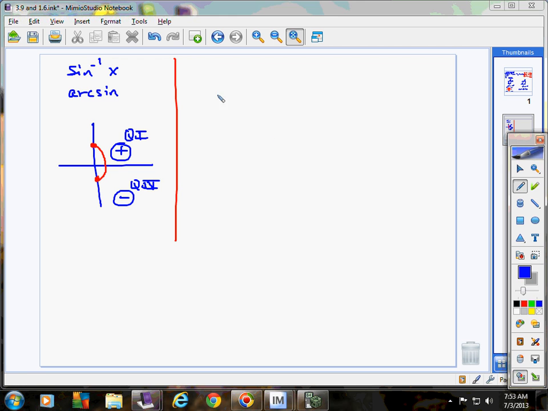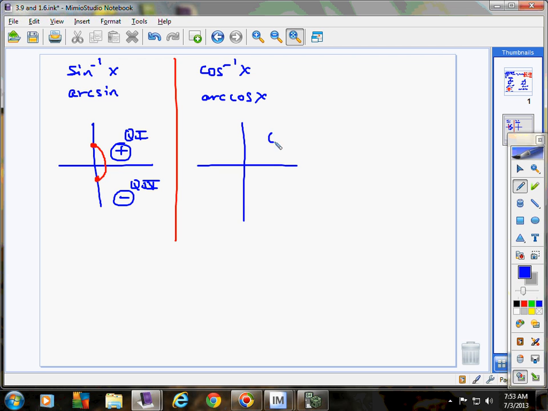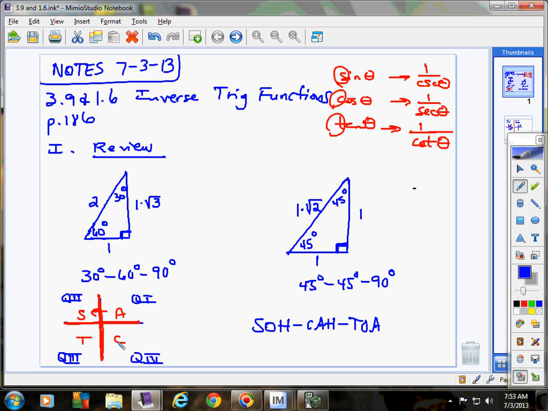Right? Inverse cosine. We can't be in quadrant 4 this time. Why not? Because cosine's positive in quadrant 4. We don't want two quadrants where cosine's positive. We can only have one quadrant where it's positive, and that's always quadrant 1. And this is the quadrant we use when it's negative.